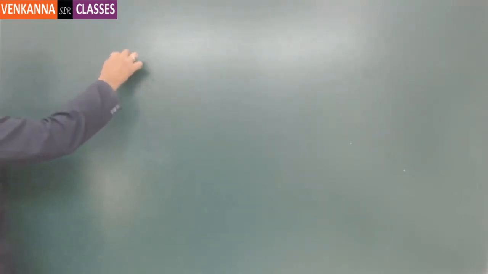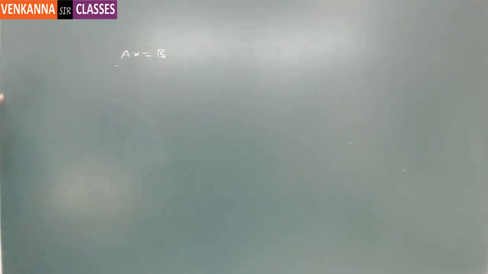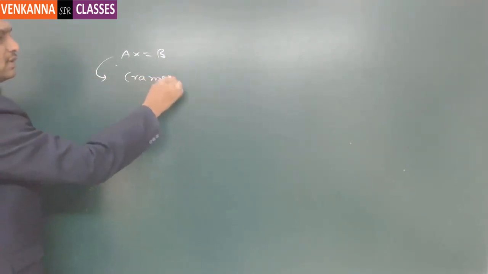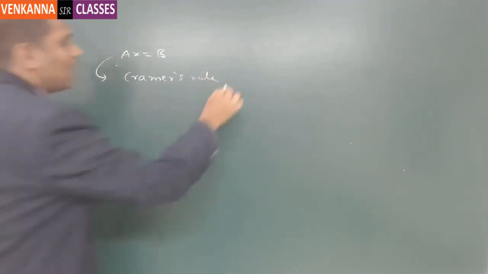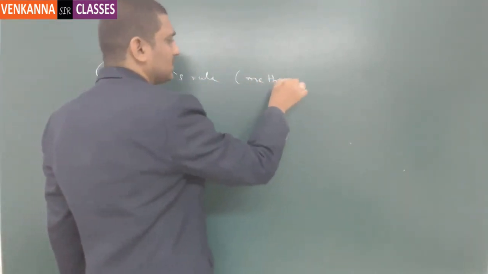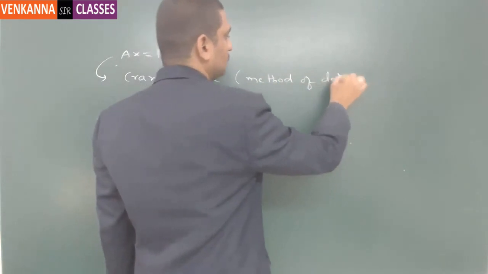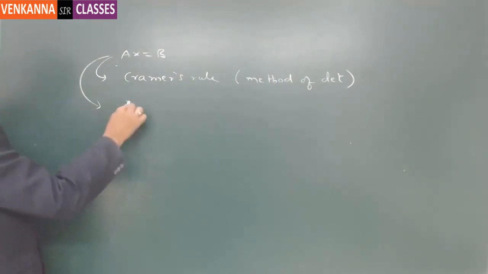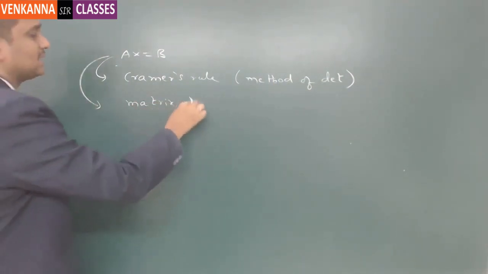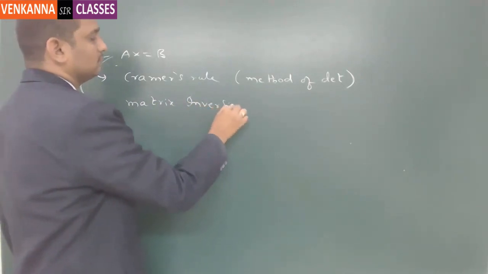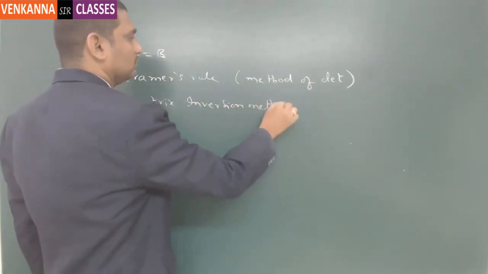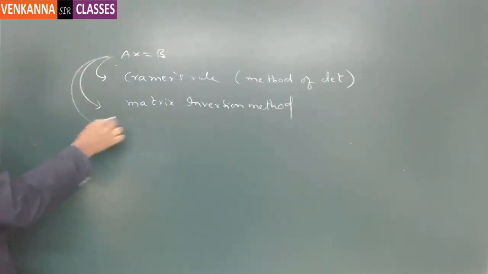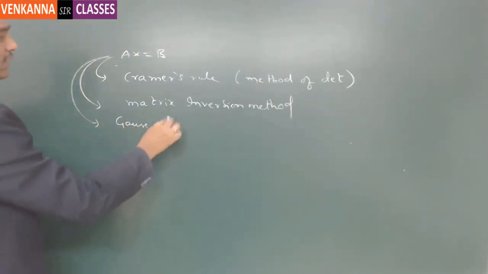So whenever a system of linear equations in non-homogeneous form is given, the respective methods to solve are Cramer's rule, also known as method of determinants, secondly, matrix inversion method, and third, Gauss elimination method.